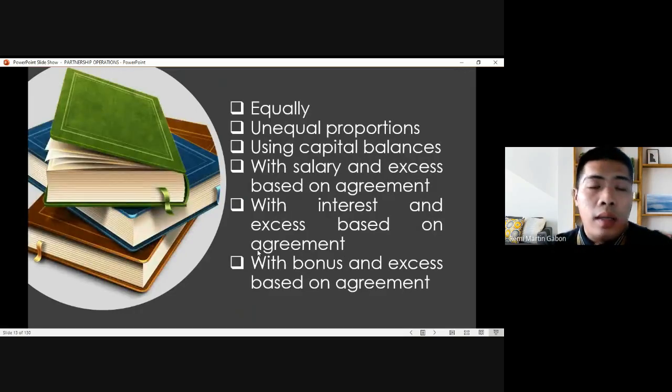So, the partnership law does not provide as to the specific methods. The only term or the phrase stated there is in conformity with the agreement. So, partnership books or partnership discussion provide for different scenarios on how partners are going to distribute their profits or loss.